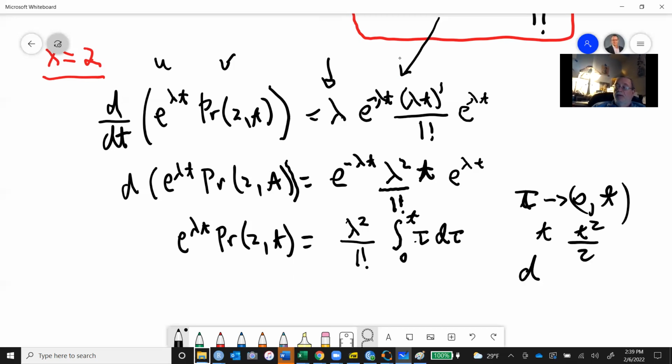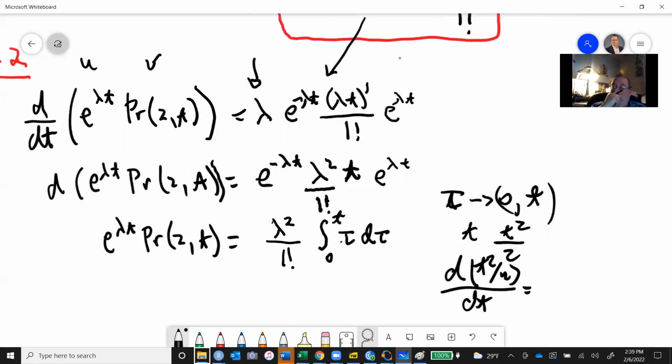Because if I take the derivative of t squared over 2 with respect to t, that's equal to 1/2 t to the 2 minus 1 power times 2. Bring the exponent down, reduce the exponent, and this times 1/2. That's equal to t. That's what we're looking for.